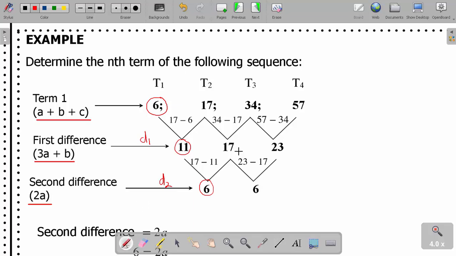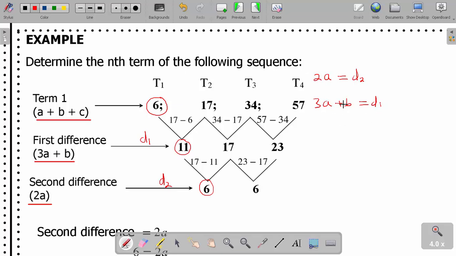When you're solving this, you begin from down here. You begin with 2a and equate it to D2, so you can get your a. After getting your a, you're going to use the 3a plus b, then equate it to D1, the first difference.